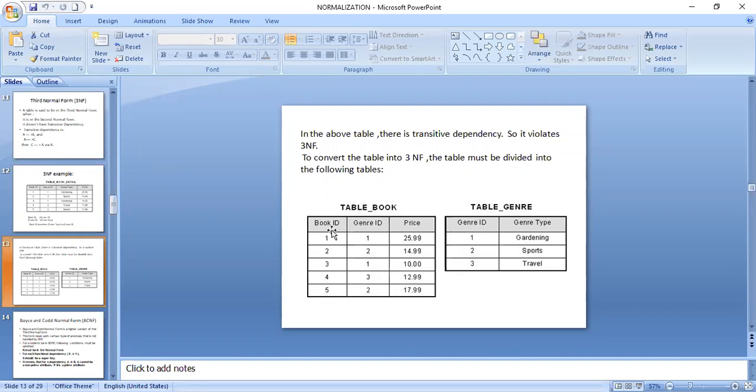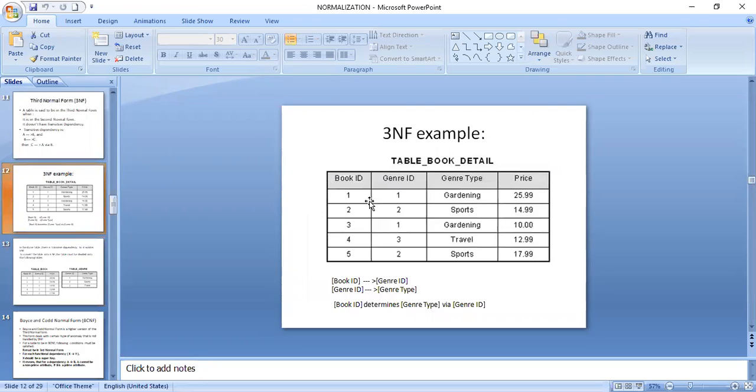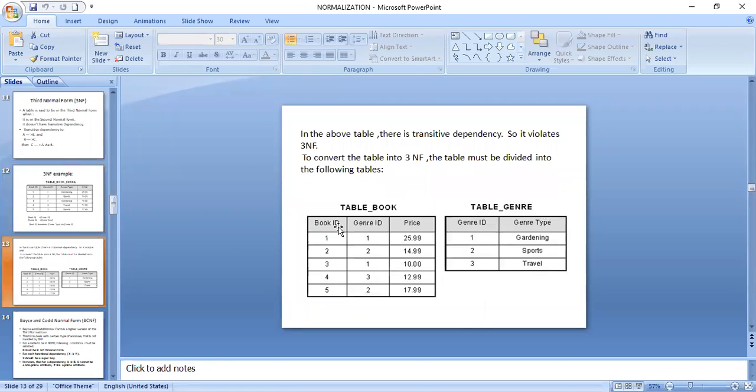In our earlier example, in this particular table you had book ID, genre ID, genre type all in the same table. Book ID determines genre ID, which determines genre type, which means that book ID is determining genre type. Because of this genre type, we are violating the normal form, but we need the table to be in third normal form. As a result, what you'll do is book ID, genre ID and price in one table, and genre ID alone will determine genre type.